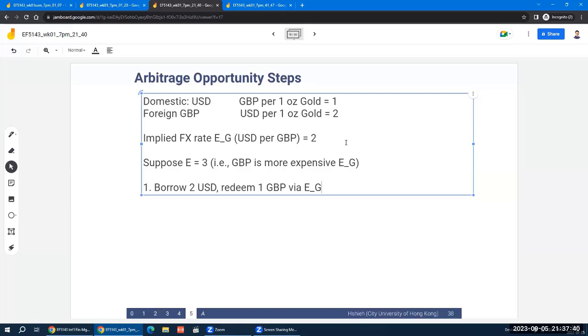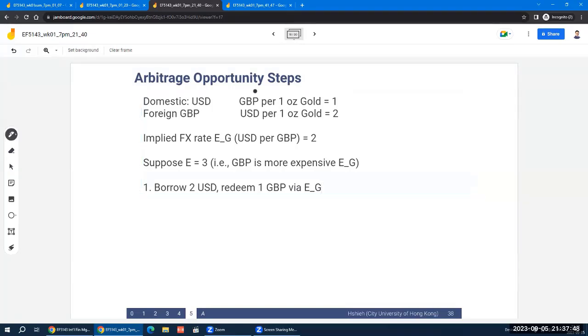We go to a bank, we borrow 2 US dollars, and we go to the central bank and say, hey, give me gold, right? Because they promise to maintain this conversion rate, unlimited quantities. So I take 2 US dollars. Here's 2 US dollars, Federal Reserve, give me my ounce of gold.